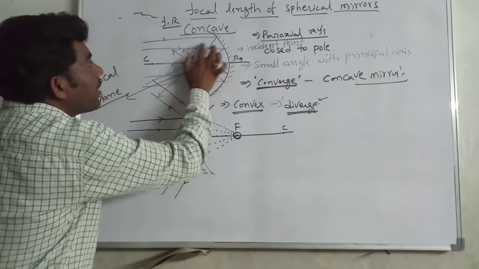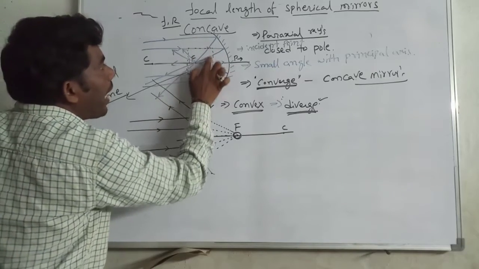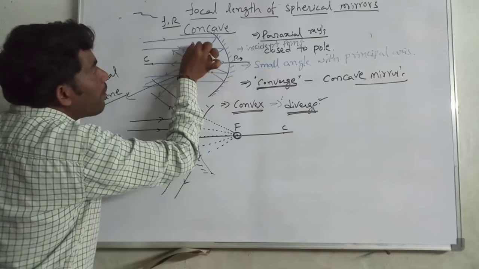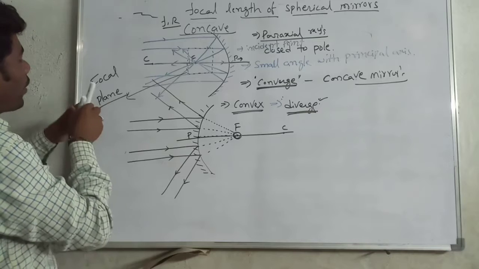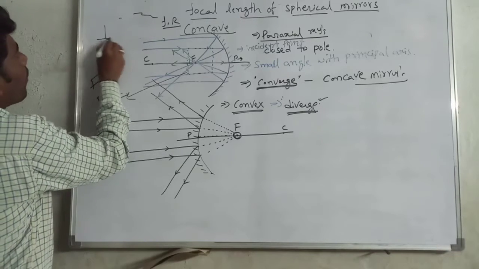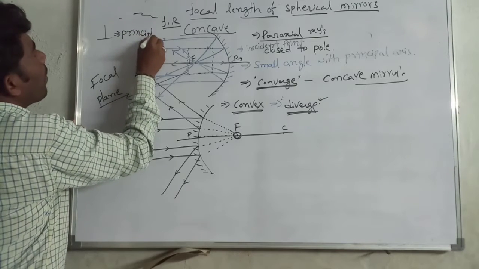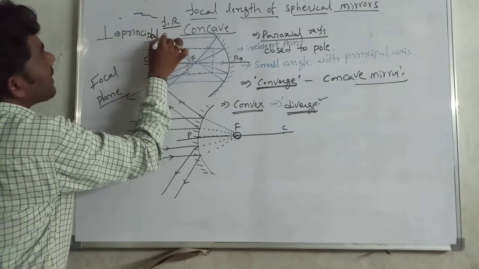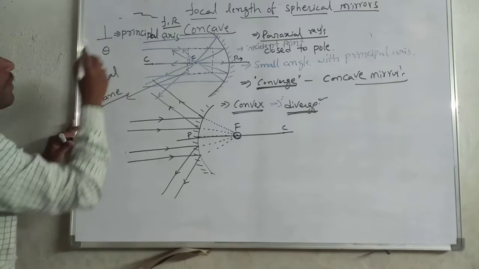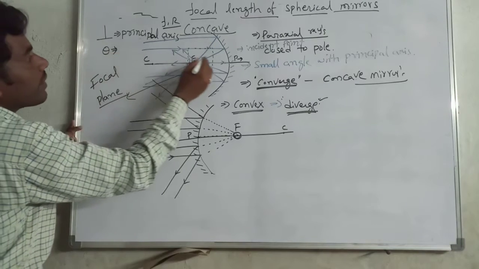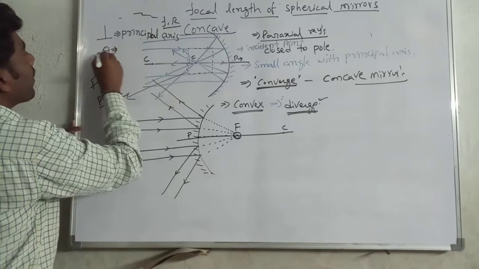This plane contains the point F, and this plane is perpendicular to the principal axis, and the rays make some angle theta with the normal.